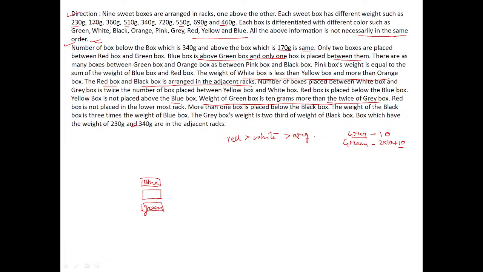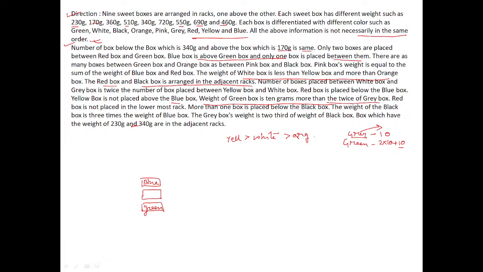Can't you think that whatever weights are given in the question, we should first check whether multiple cases are possible here or not? Though we can't confirm the green and grey positions right now, we are in a better position to get the values. Let's check. 170, 230.